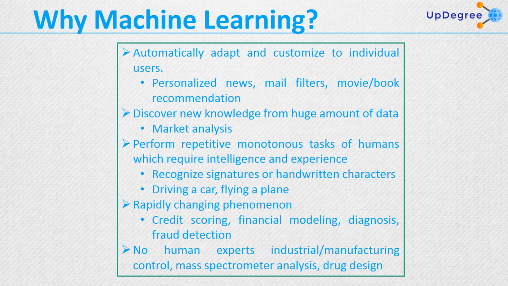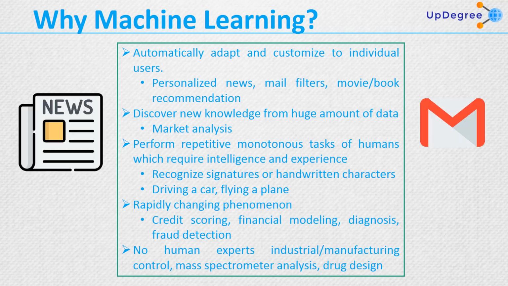Automatically adapt and customize to individual users. As an example, we can go for personalized menus, mail filters, movie and book recommendations. Depending upon your liking, your age, your location, your gender, the websites you visit very frequently, our machine learning models can suggest the movie or the book which you may read or are supposed to watch.